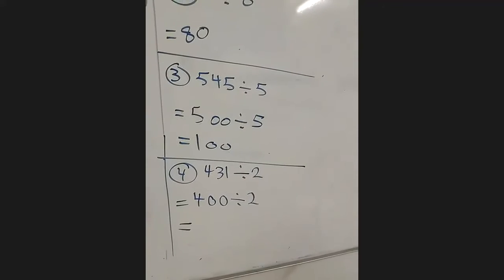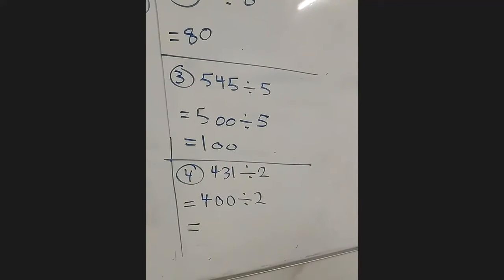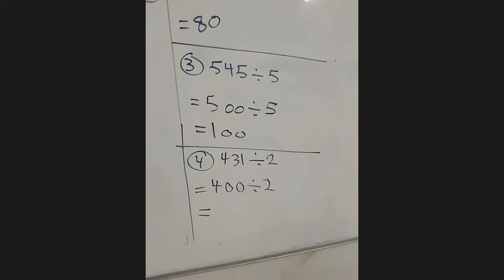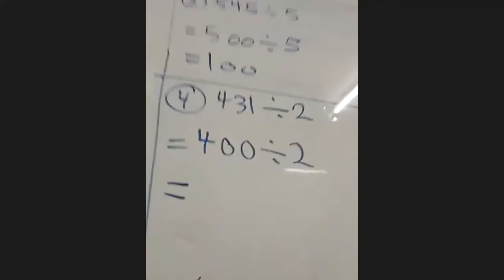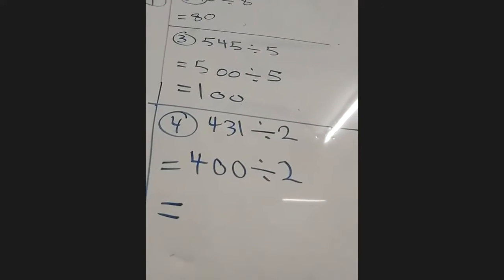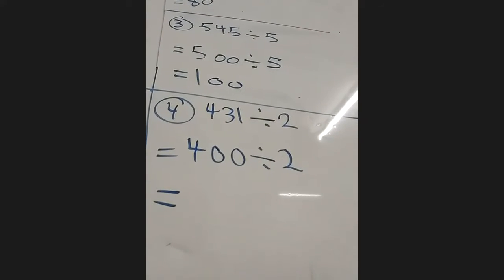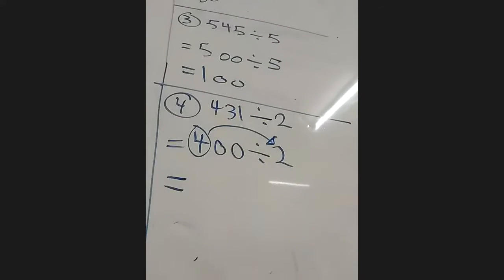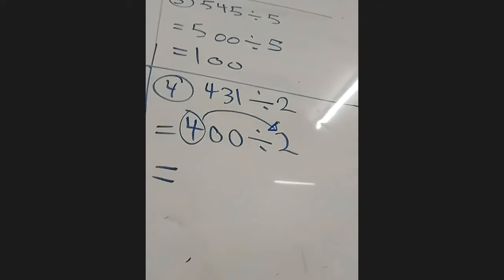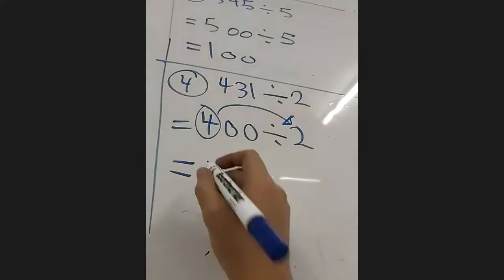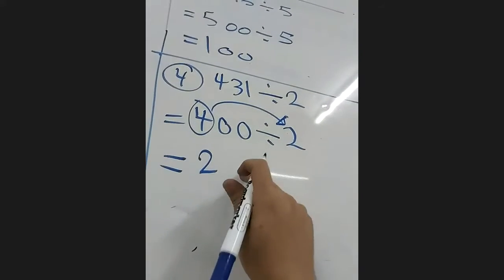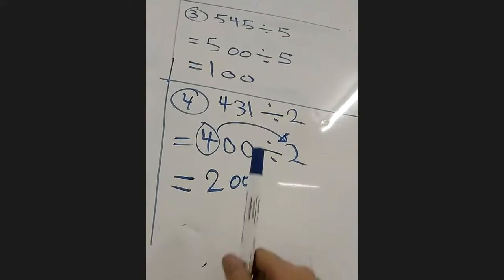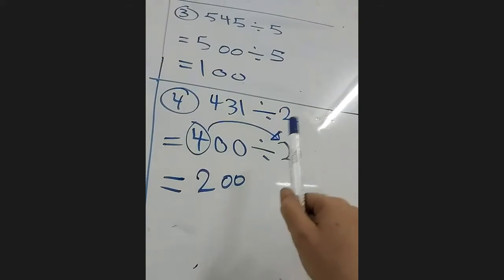We will make 2 down and 2 zeros. Why? Tell me why you did that? Because 2 multiplied by 2 equals 4. Means you are dividing 4 by 2. Now, 4 divided by 2, how much? 2. And the 2 zeros here will be down, which is 200. So the estimation of 431 divided by 2 is 200.